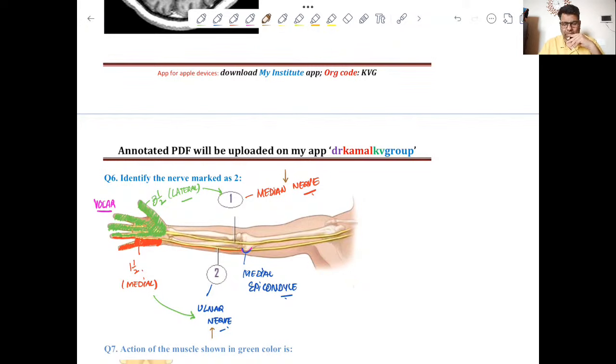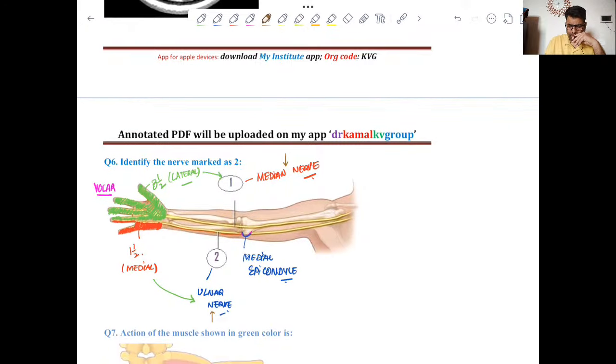Although I expect all of you to answer it correctly, because this is a very important segment. Always and always we have a question, either in terms of area of involvement, either in terms of clinical test or clinical science. So median and ulnar nerve are extremely important. Right? So I'm skipping the radial nerve over here just to avoid any sort of confusion.